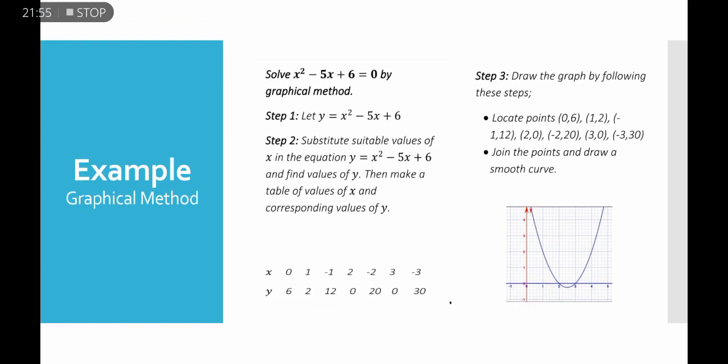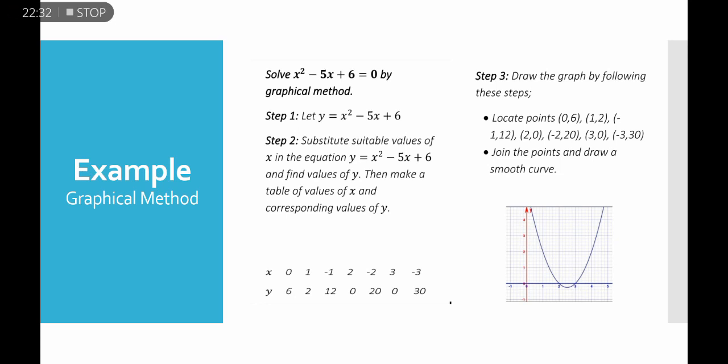Example, graphical method. Solve x² − 5x + 6 = 0 by the graphical method. Step 1. Let y = x² − 5x + 6. Step 2. Substitute suitable values of x in the equation y = x² − 5x + 6 and find values of y.